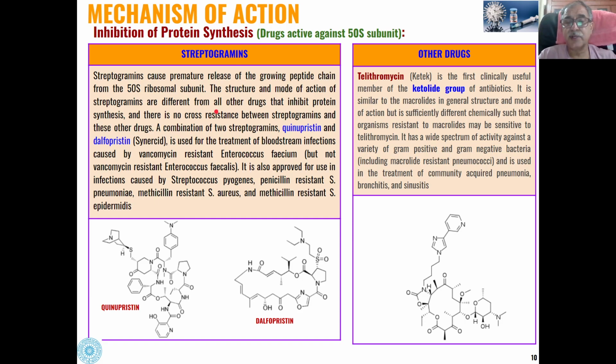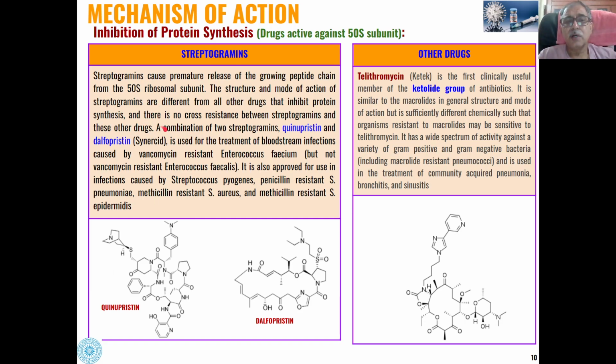So that is why the structure and mode of action of streptogramins is different from all other drugs. Other drugs will inhibit the protein synthesis, whereas here they will form the protein, but the protein formed will be different, which is not actually required by the bacteria.